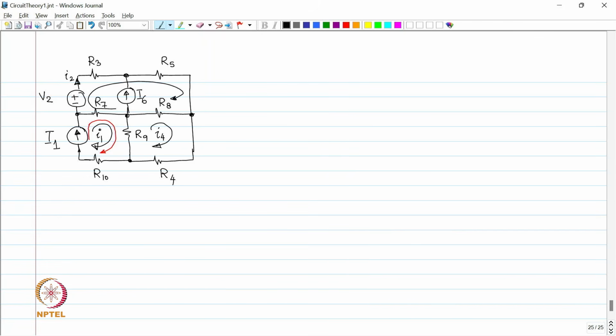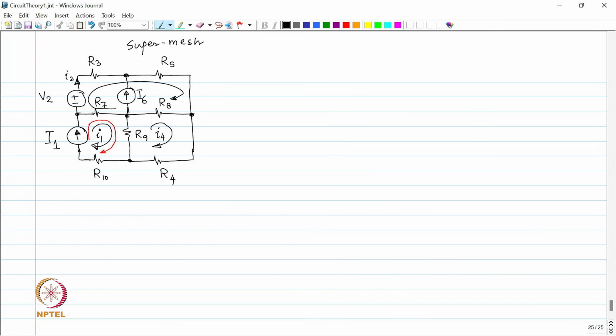So, you merge the two meshes and you are now going to call this a super mesh. Okay. It is the merged thing between the two meshes.